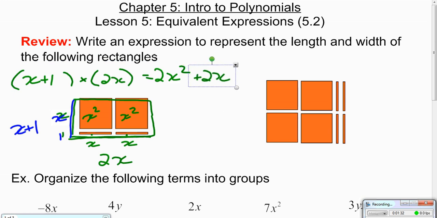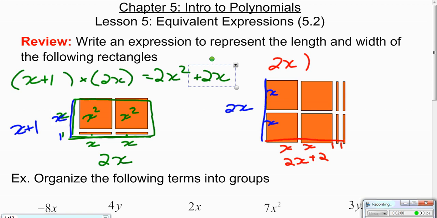Okay, we'll do the same on the second one, looking at length and width. Okay, so we have a length of x and x, so there's a length of 2x. And then the width is x and x, so x and 1 and 1, so 2x plus 2.